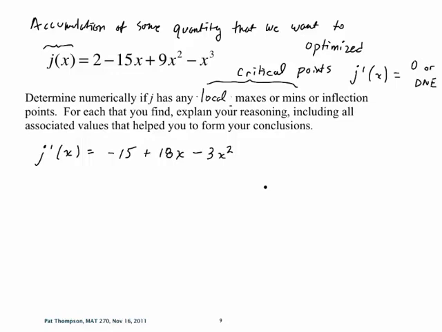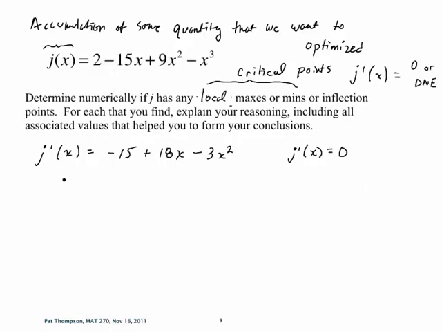So we got the first derivative, and what do we want to say about it? If we want critical points, we want that to be equal to 0. We want the accumulation to pause. That's where the rate of change is 0.